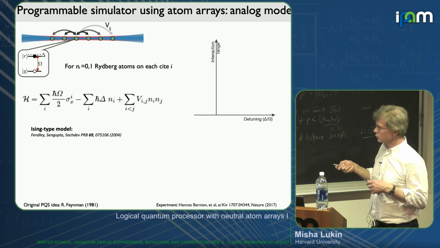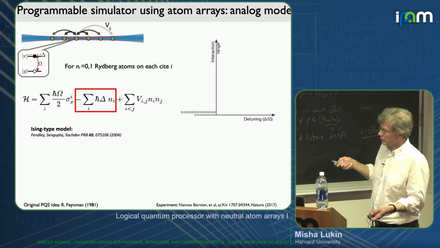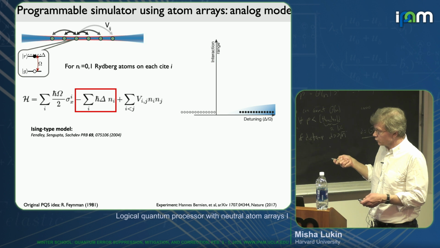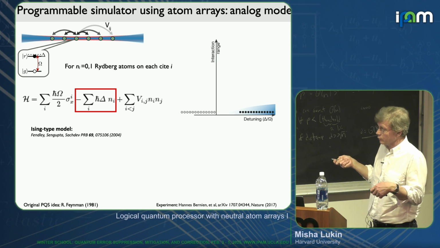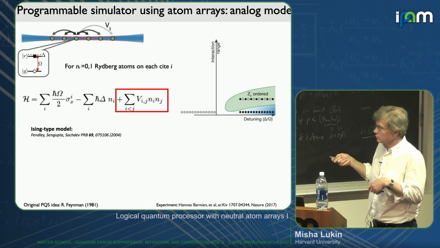Basically, if there is no interaction, if interaction is 0, then depending on the sign of the detuning, you either want all atoms in the ground state, for example like this, or all atoms in the excited state. But of course, all atoms excited is incompatible with Rydberg blockade. So for example, if you have nearest-neighbor Rydberg blockade, then at most you can excite half of the atoms, every other atom.